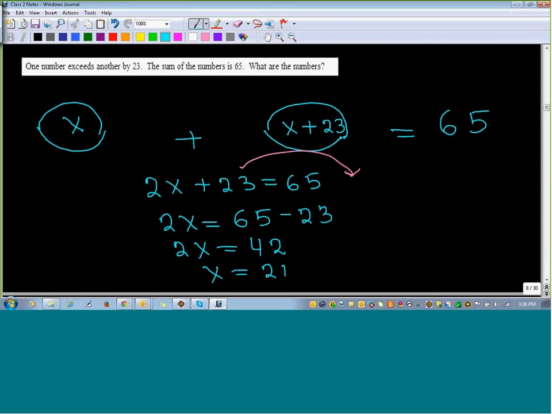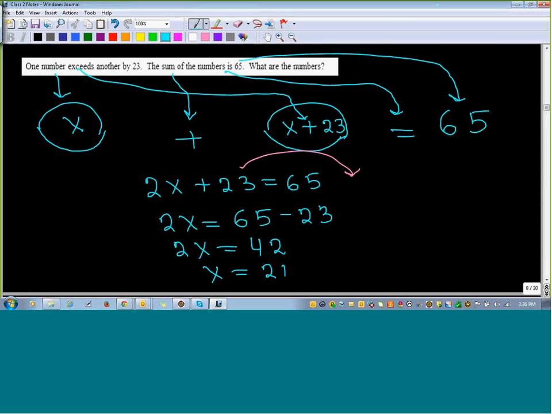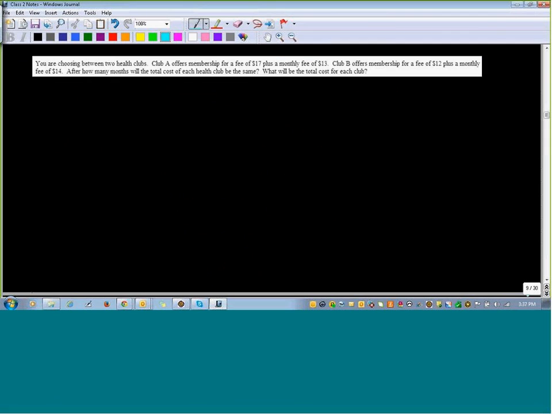Two health clubs. The first has a membership fee of 17 plus a monthly fee of 13, while the second offers something else. After how many months will the total cost of each health club be the same? So for one club, there is a flat fee, the membership, and you pay $13 per month.